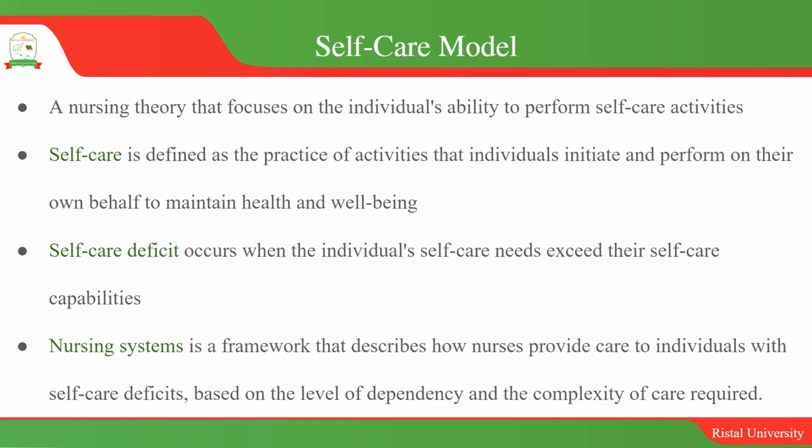And then we have those that can rely on others for some of the activities. So if it is some of the activities, what do the nurses do? If it is all the activities, what do the nurses do? That kind of framework that allows us to provide care depending on the level of self-care deficit that the patient is having is what we call the nursing systems.